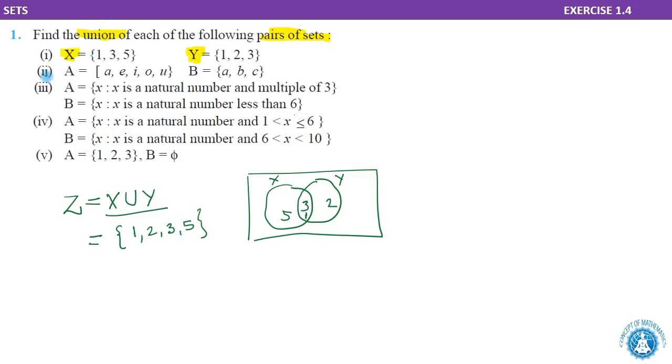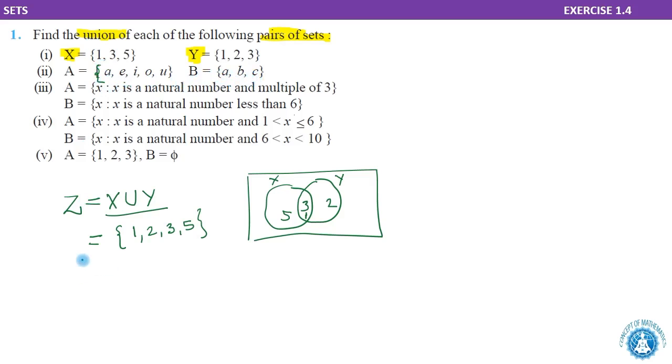Next, proceed to the second question. The first set has elements a, e, i, o, u. Here there is one amendment: this will not be a square bracket, it will be a curly brace. Second is B, whose elements are a, b, c.